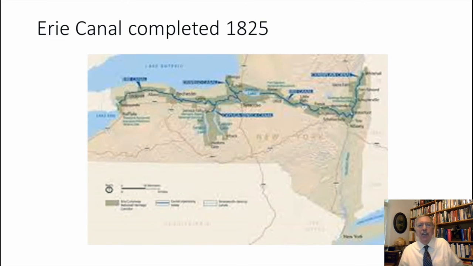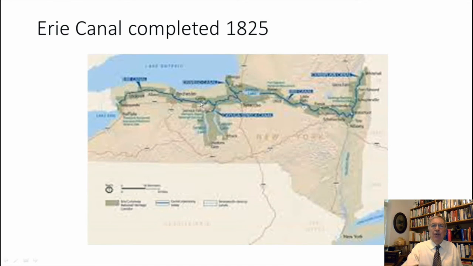A big transportation improvement was the Erie Canal, as I mentioned. Here is the cursor. Here's New York City. Here's Lake Erie, Lake Ontario. It basically connected these lakes.